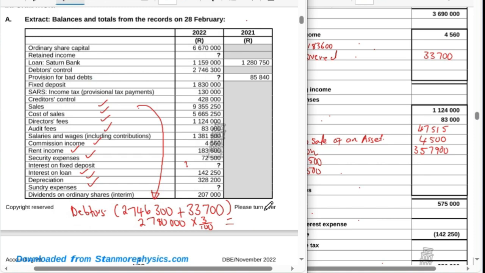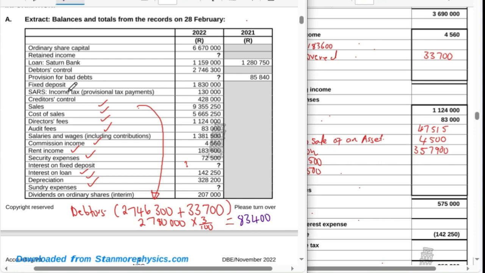And then now we are going to say multiply by 3 divided by 100, and then the provision for bad debts for this must be adjusted to what? To 83,400. It must be adjusted to 83,400.